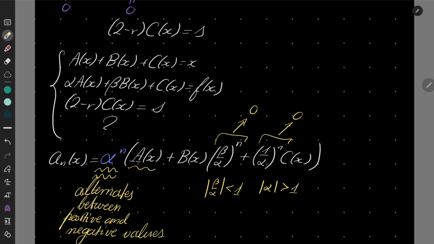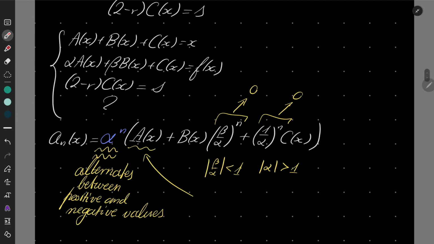And if a of x were to be non-zero, then it is either positive or negative.